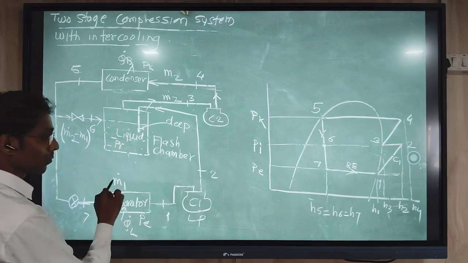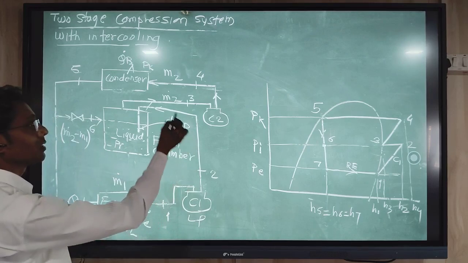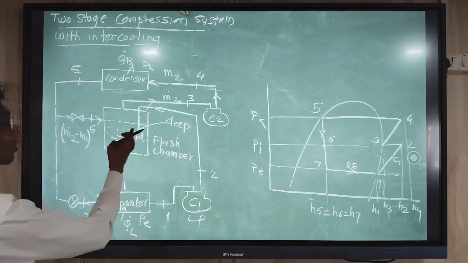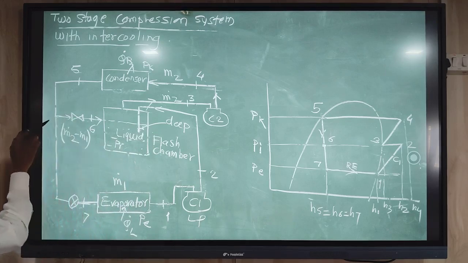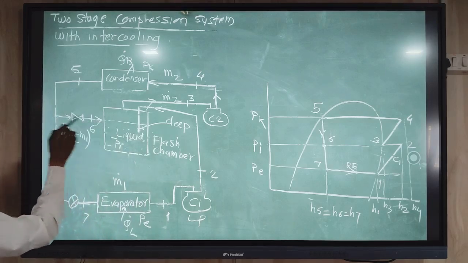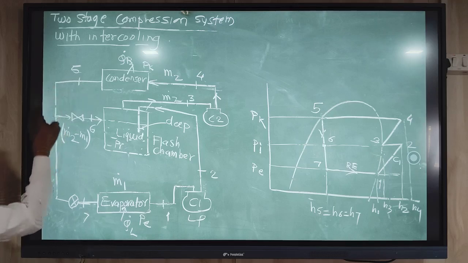So the product M1 dot into H2 is the heat content entering the flash chamber. In addition, another heat content enters from this line, point 5 from the condenser.